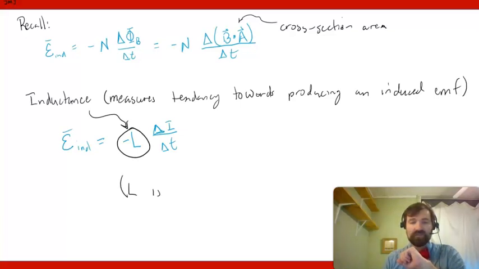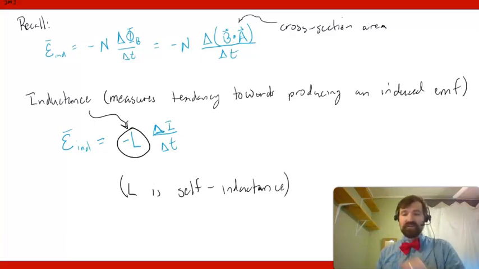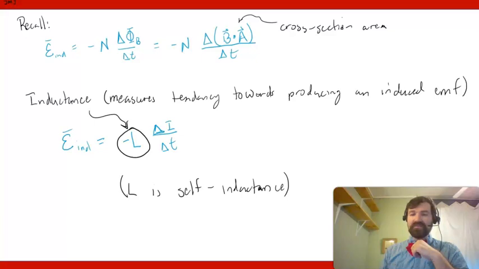L is sometimes formally called self-inductance, but I will often just call it the inductance. It's the fundamental property of an inductor in much the same way as capacitance is the fundamental property of a capacitor, EMF the fundamental property of a battery, and resistance the fundamental property of a resistor for circuit purposes.